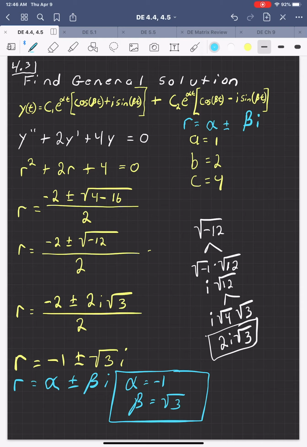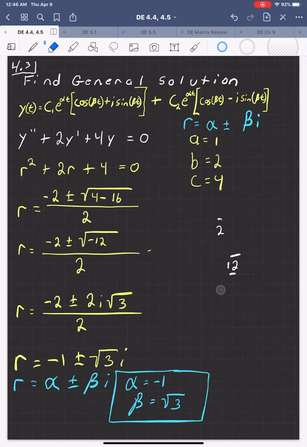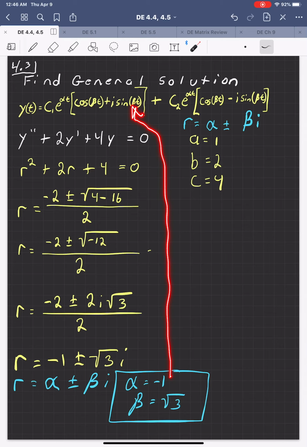Okay, so from here, I'm going to jump right to the solution, because hopefully you know at this point you're just coming up here and plugging in for alpha and for beta.